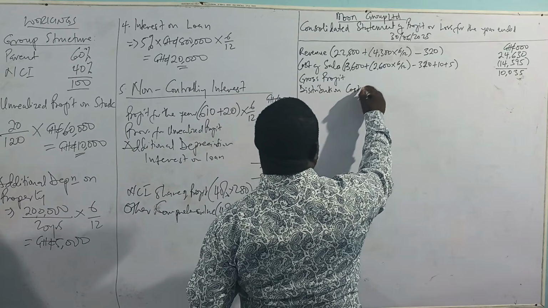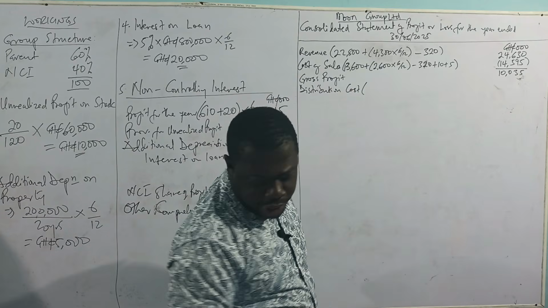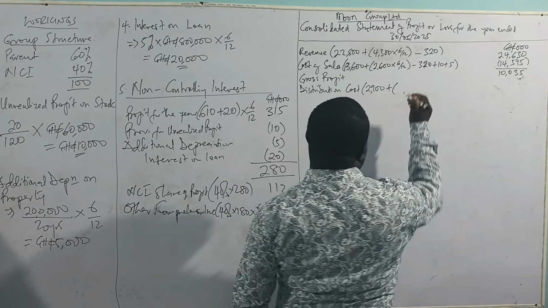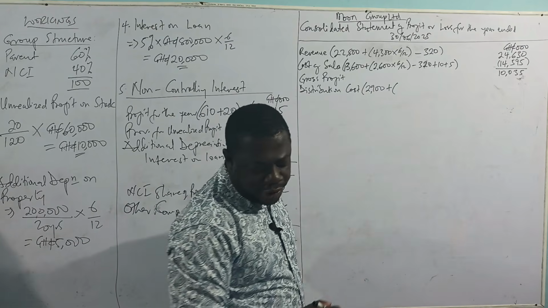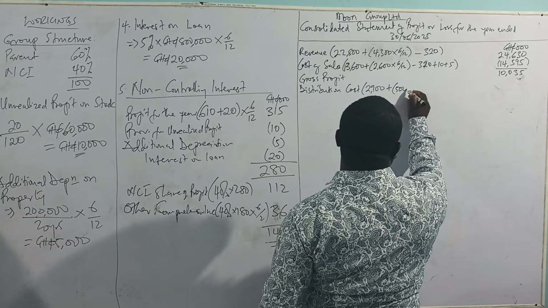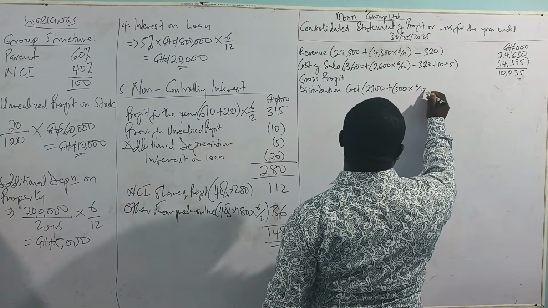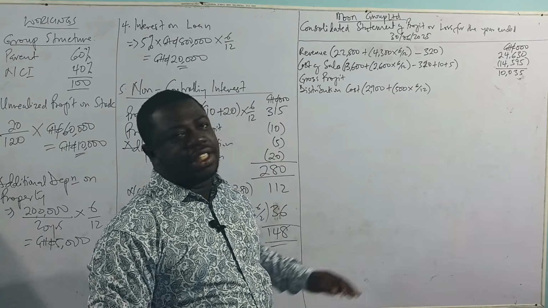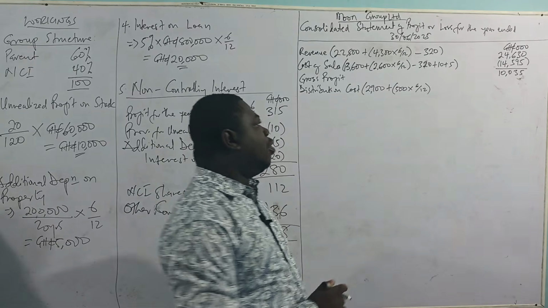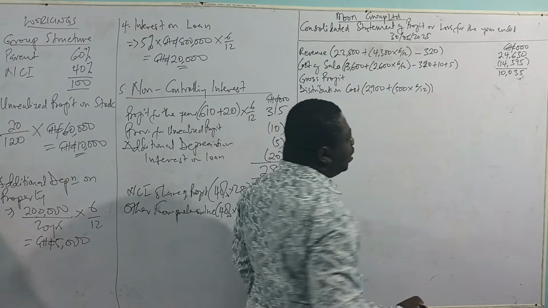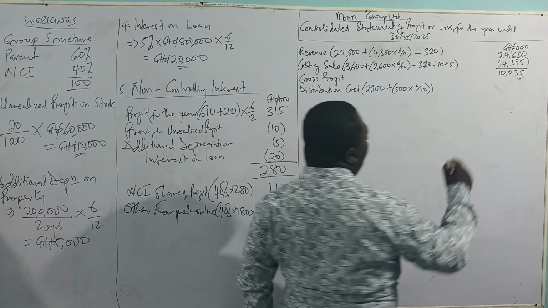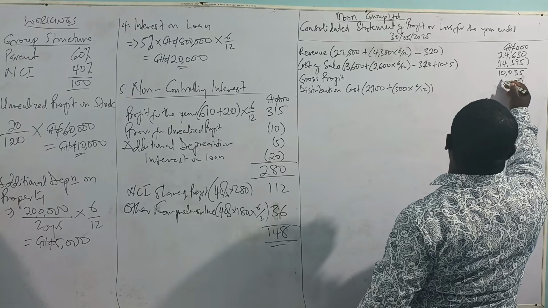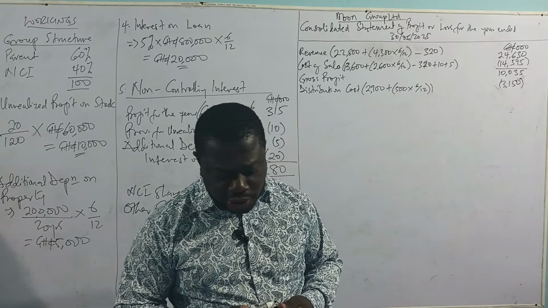Distribution costs for the parent is 2,900 plus that of the subsidiary, which is 500. But then we are going to make it 500 times 6/12. So almost every expense or income of the subsidiary will be time apportioned. And that is going to give us 3,150 in brackets. Then we proceed.